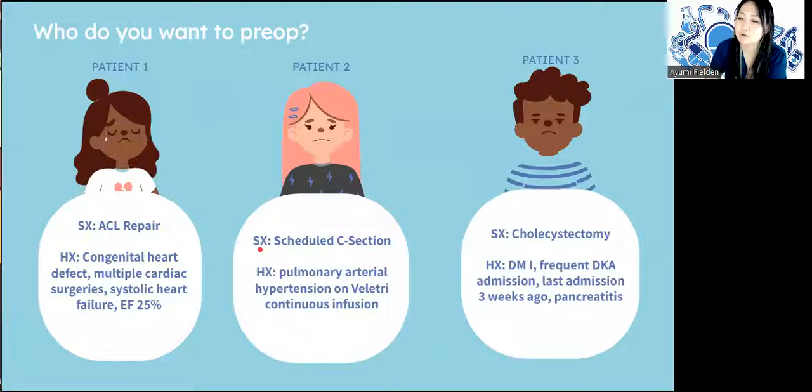So let's look at those three patients. We have patient 1, 2, 3. And which patient do you want to pre-op? Patient 1 is having an ACL repair. History of congenital heart defect, multiple cardiac surgeries, systolic heart failure with an EF of 25%. I don't know if I want to pre-op this patient, finding all that information.